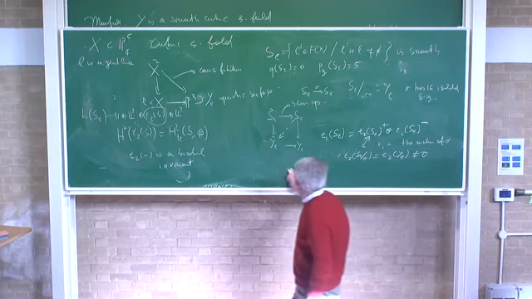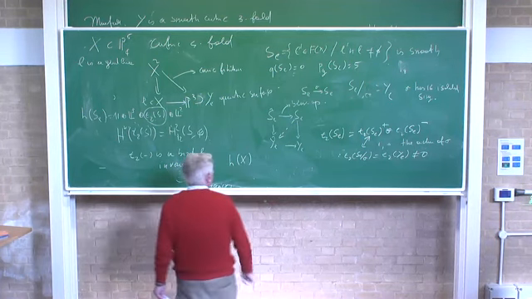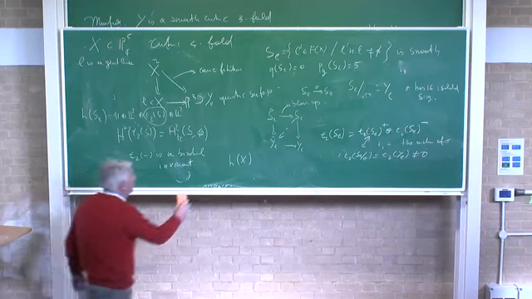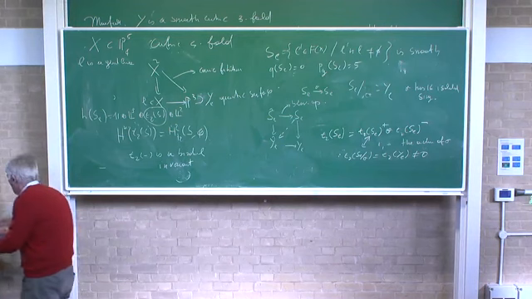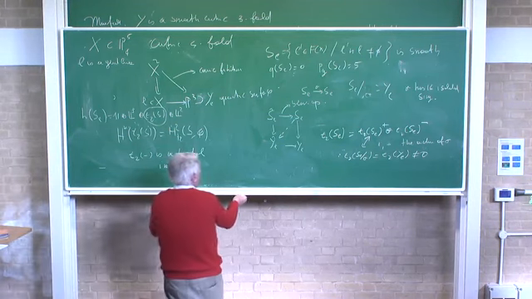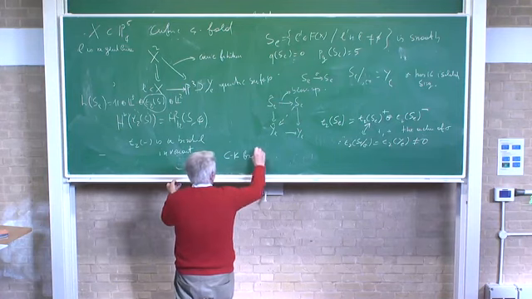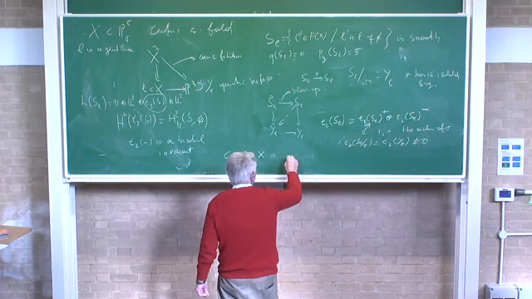Now the result. Now it's easy to find a Chow-Künneth decomposition for the cubic fourfold. So the Chow-Künneth decomposition for X, the cubic fourfold, is the following. It's very easy.